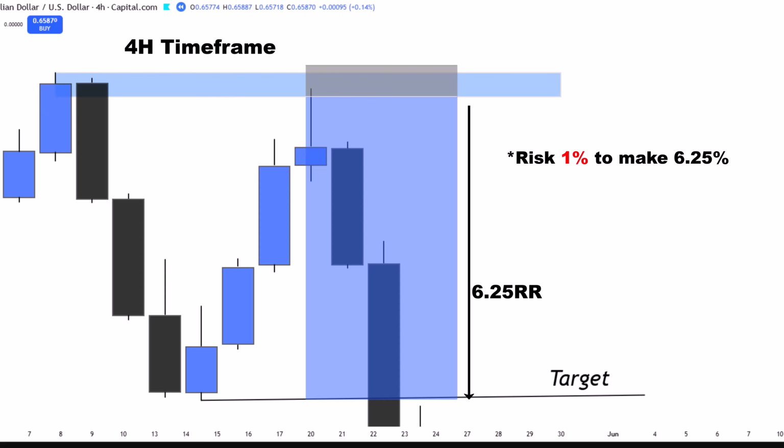You're risking $1 to make $6.25 in return. So we're turning the same trades into massively profitable positions just by refining the zones. And we get that beautiful sniper entry.